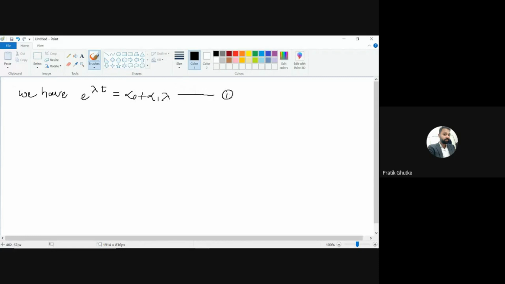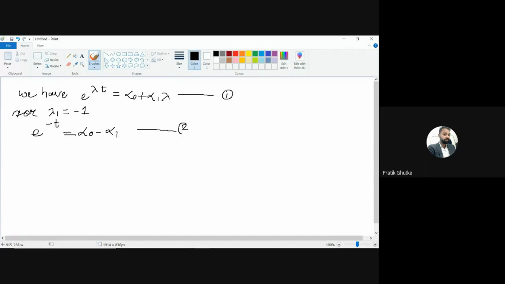For the two eigenvalues I have calculated, the first eigenvalue is -1 and the second is also -1. So for lambda 1 equals -1, what will be equation number 1 in this case? E raised to minus t, since I am putting the lambda value as -1, and the equation would be alpha 0 minus alpha 1. This is equation number 2.